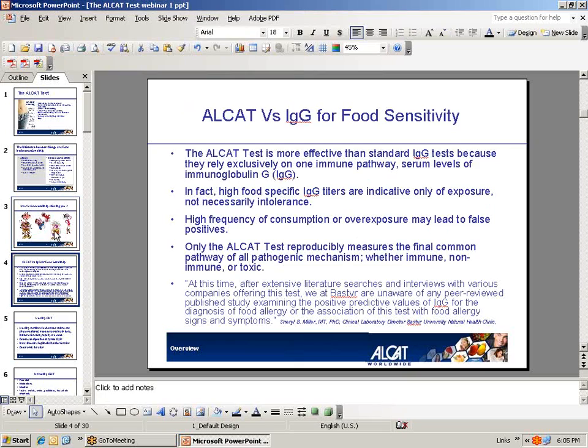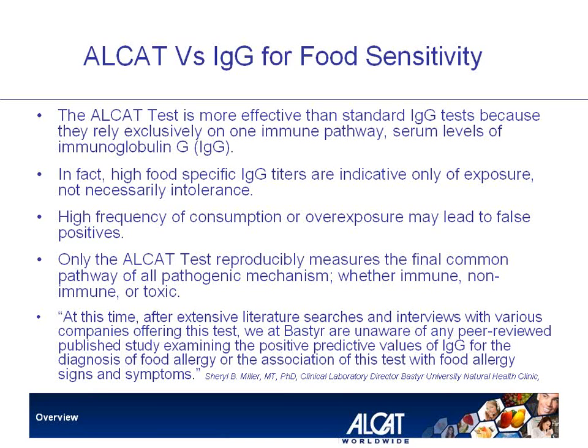The ALCAT test is more effective than the IgG, as I've said, because the IgG relies exclusively on one immune pathway, whereas the ALCAT is a more comprehensive approach.